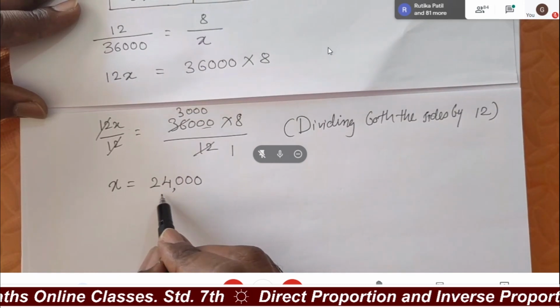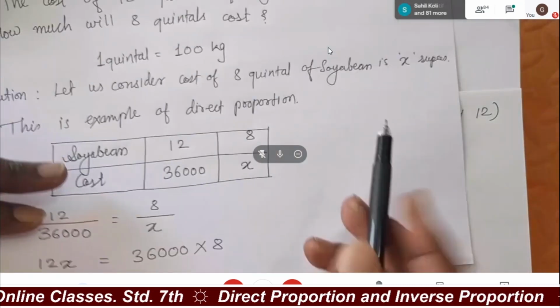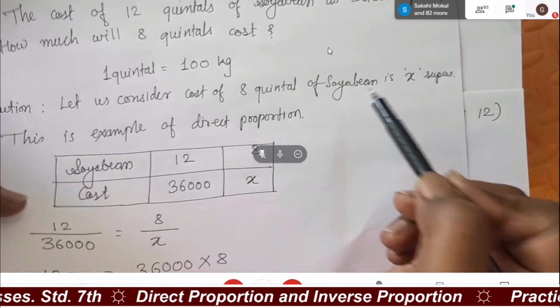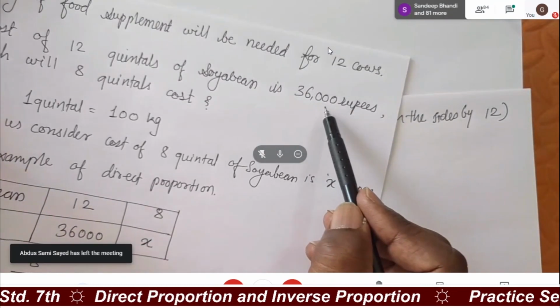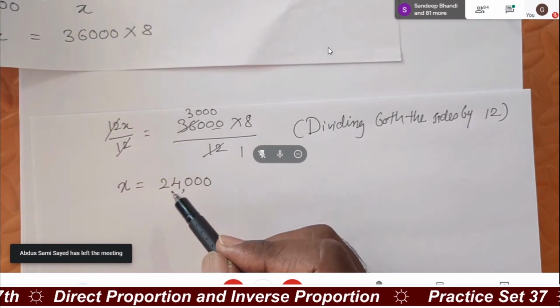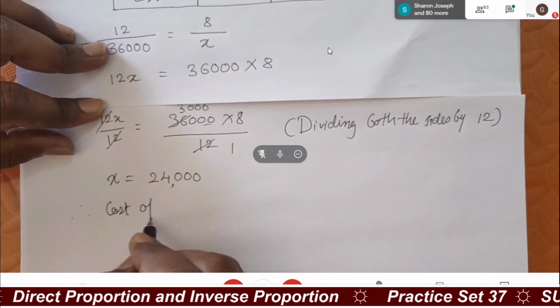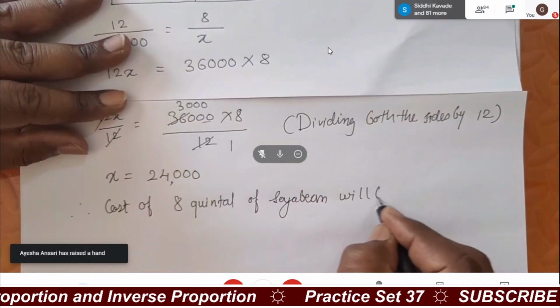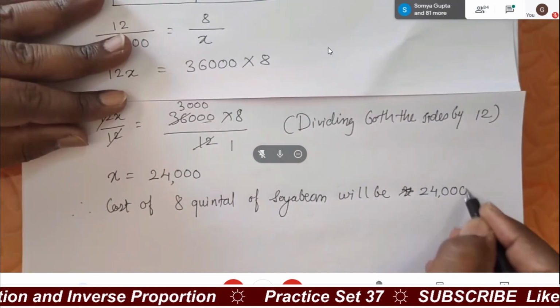So X is equal to 24,000, and 24,000 is the cost of 8 quintals of soybean. And check, from 36,000 to 24,000 the value is decreased. Write down: therefore the cost of 8 quintals of soybean will be 24,000 rupees.